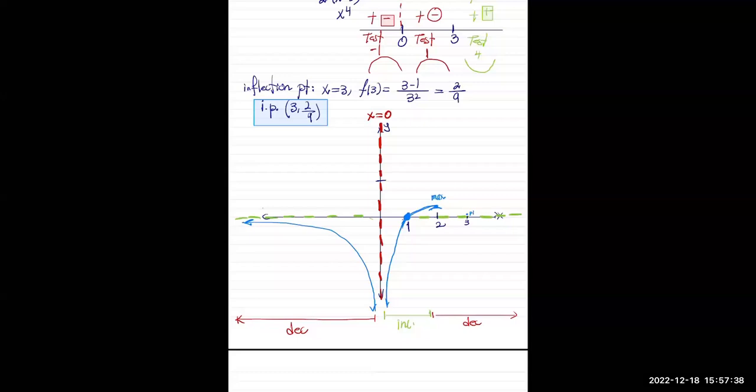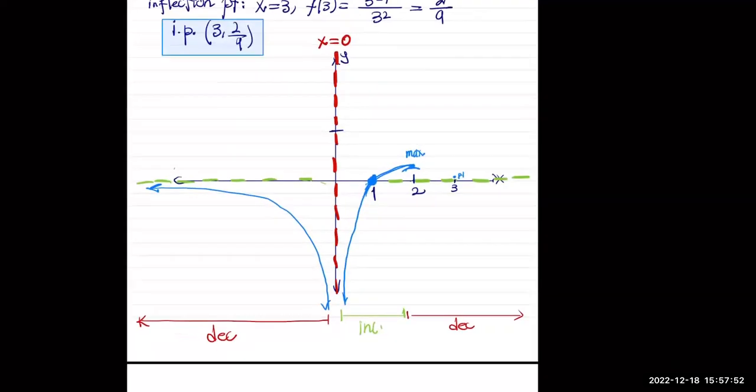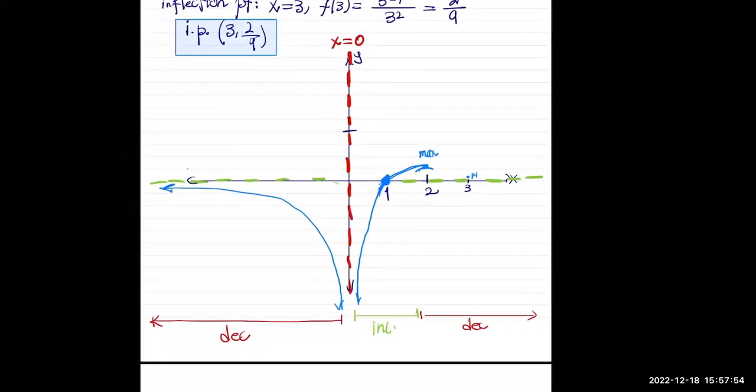Okay, once we hit that local max, we have to change trend to decreasing while being still concave down. We still are concave down until we hit 3. So it's like a downward parabola, changing from increasing to decreasing while being concave down.